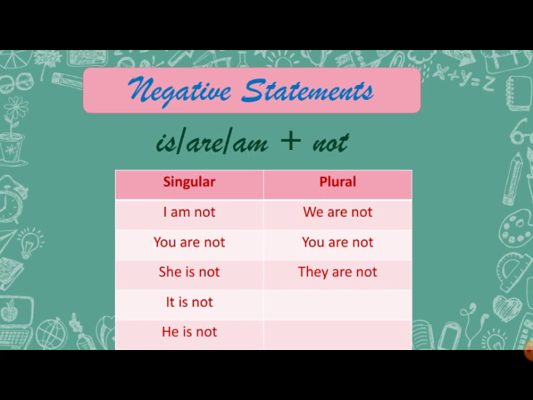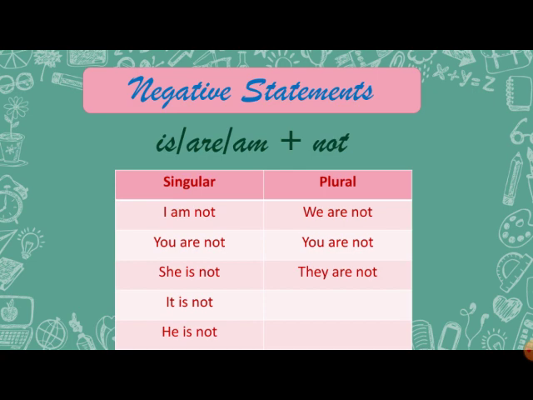Let's move on to the negative statement. Dear children, whenever you get the helping verb is, are, am, you simply have to add not after the word. Then that sentence becomes a negative sentence. In this video, we are only going to talk about simple present tense.